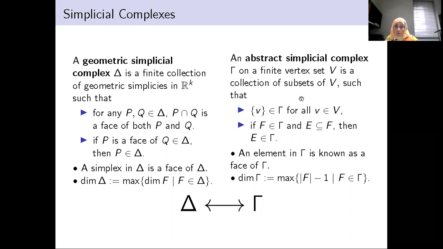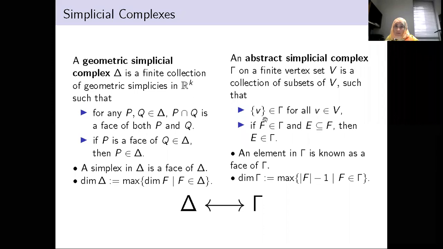Then for a face, for example F, you consider the convex hull of the elements contained in F. In this way, you get the geometric simplicial complex. So now we are free to move from abstract simplicial complex to geometric simplicial complex as well.